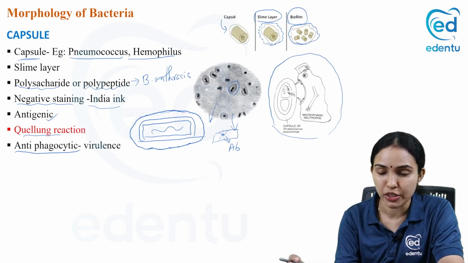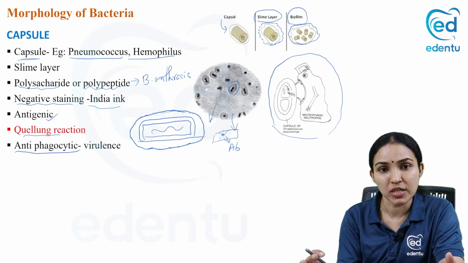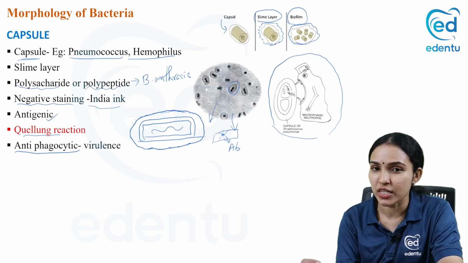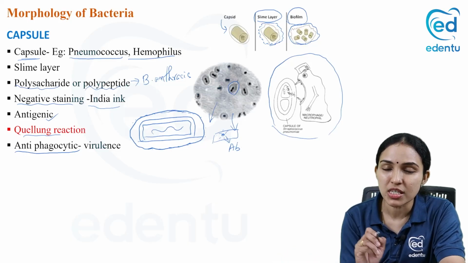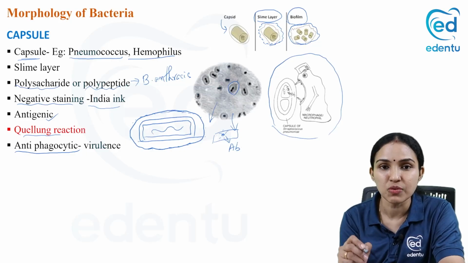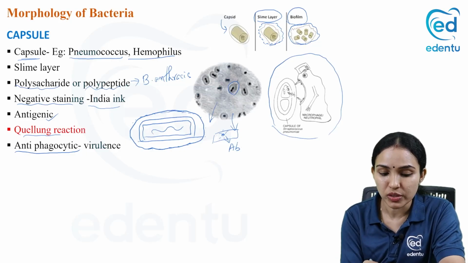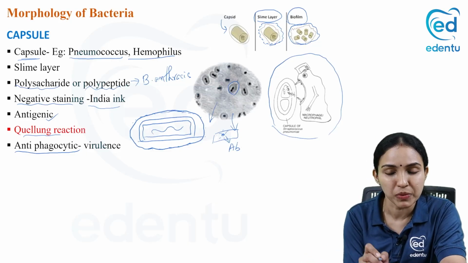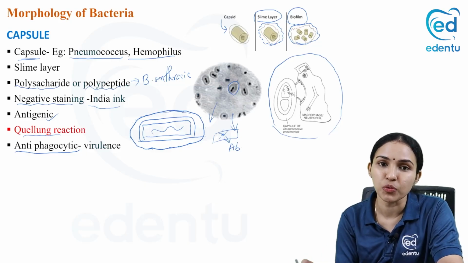When you look under the microscope, you can see that the capsule has become larger in size. This is because the capsule and anti-capsular antibodies bind together and lead to swelling of the capsule. This is called the Quellung reaction. You will learn this when you learn pneumococci. So that is how you demonstrate the capsule under the microscope: either a simple negative staining or the Quellung reaction.